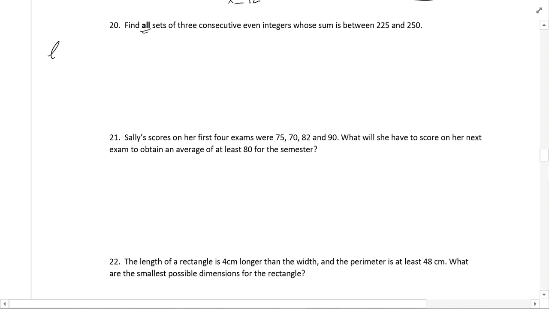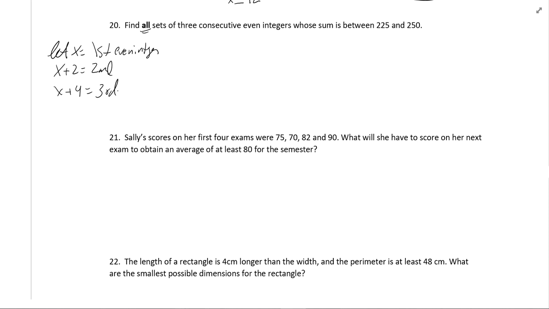So I'm going to start with this. Let x equal the first even integer. All right, so if x is my first integer, then x plus 2 is my second, and x plus 4 is my third. Because remember, again, it was like 10, 12, 14, or 20, 22, 24.